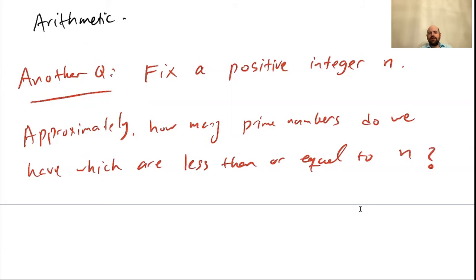So for example, if n is equal to 10,000, approximately how many prime numbers do we have which are less than or equal to 10,000? Do you think, for example, square root of 10,000? Or maybe you think 10,000 to power 1/4, or maybe logarithm of 10,000.